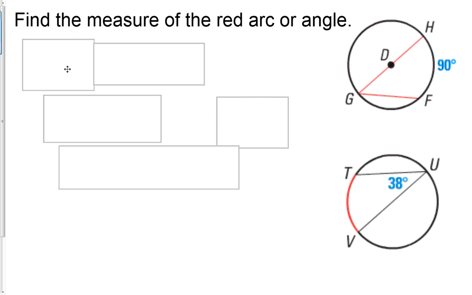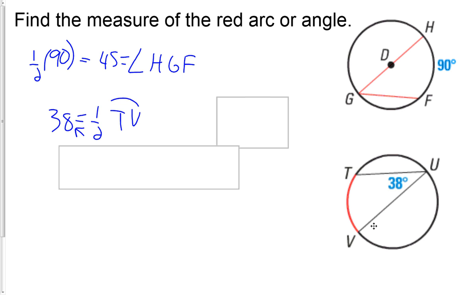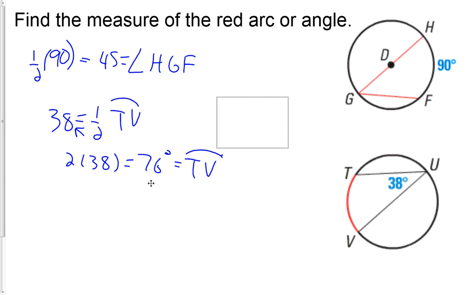Half of the arc 90 is 45, and so angle HGF is 45 degrees. Same thing down here, angle equals half arc, so 38 is half of arc TV, times 2 on both sides, and 2 times 38, 76, is arc TV.